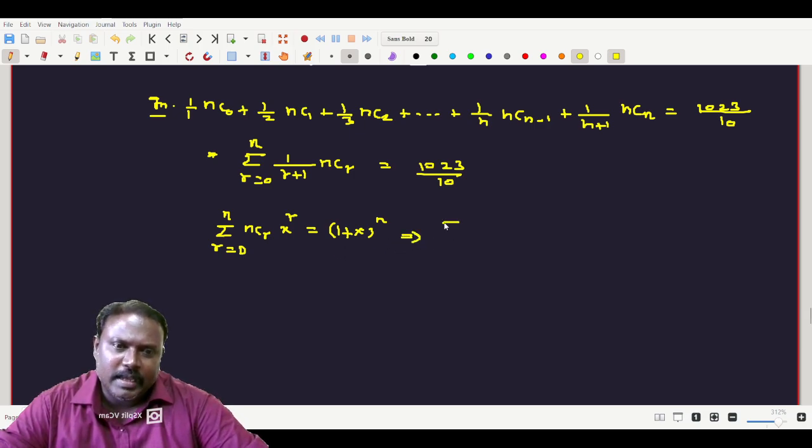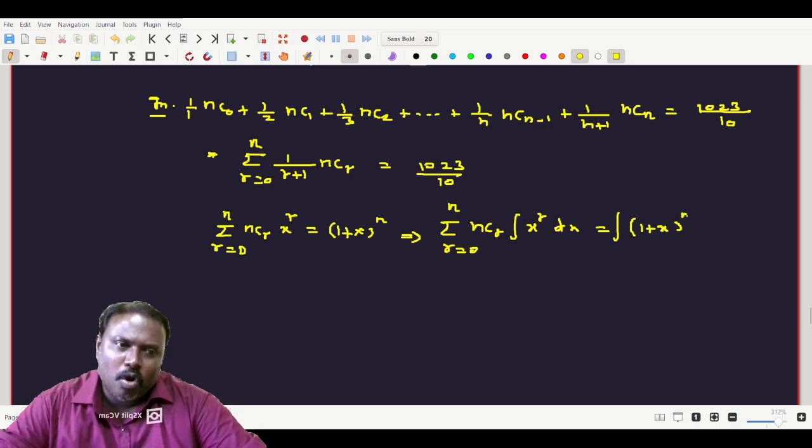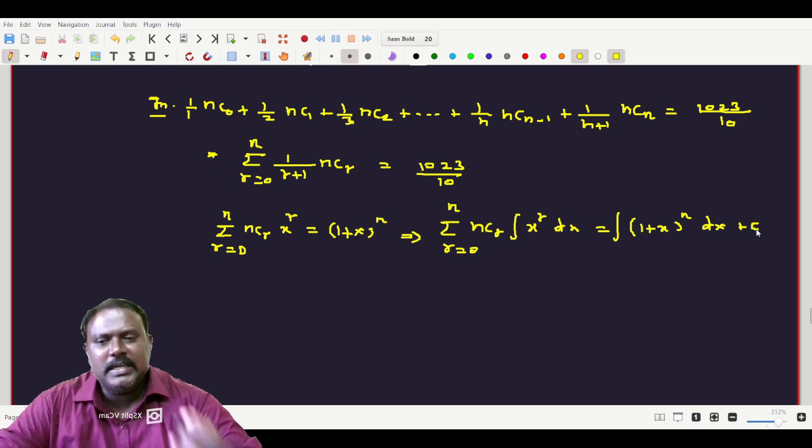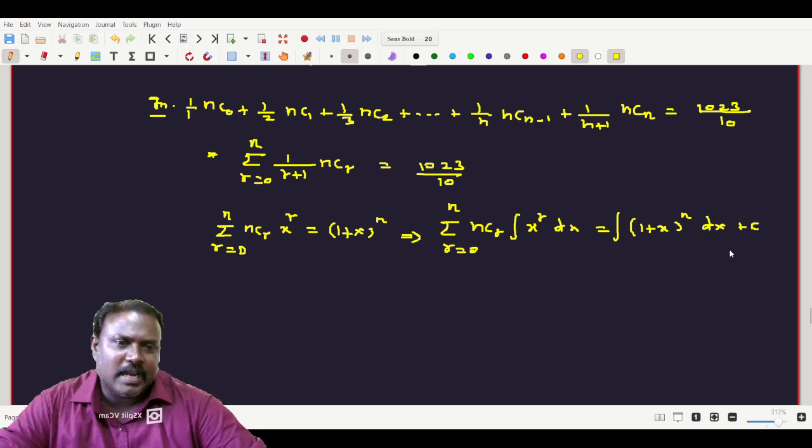So if I integrate on both sides, summation R equals 0 to n, NCR integral x power r dx equals integral 1 plus x whole power n dx. This is an indefinite integral, so I need to add some constant c here.